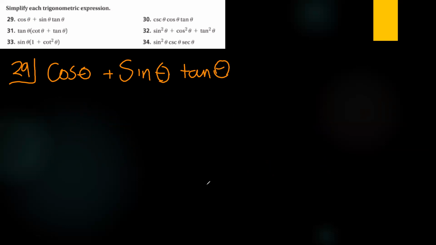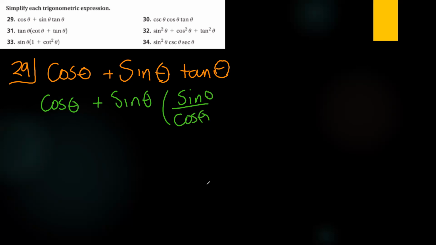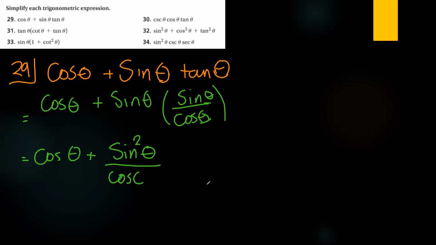So first, let's keep cosine as it is and sine as it is, and tan, write it as sine over cosine. Then it is cosine plus sine times sine, which is sine squared, over cosine of theta.